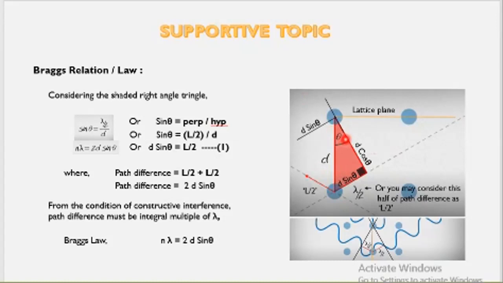How does this theta come? I'm going to explain it in a few moments. Basically this angle theta is the same as that we described earlier: theta was the angle between the incident wave and the lattice plane.